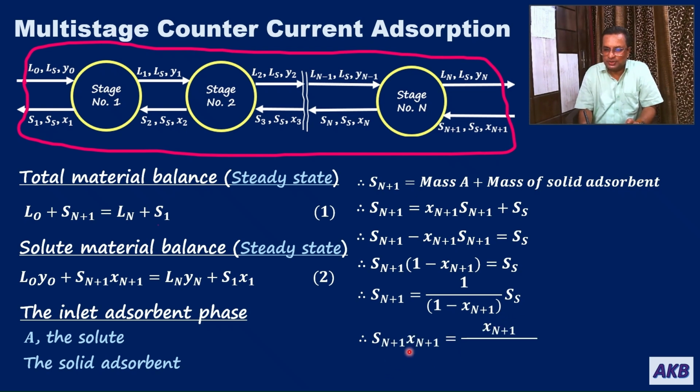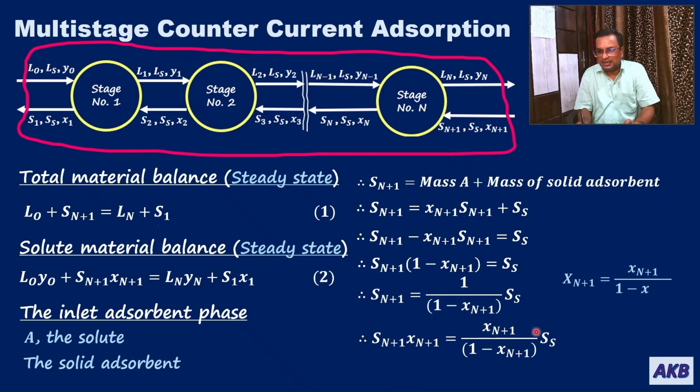That is, if I multiply with Xn plus 1 on both the sides, it will be Sn plus 1 into Xn plus 1 is equal to Xn plus 1 divided by 1 minus Xn plus 1 into Ss. In the next step, I can introduce capital Xn plus 1, which is small xn plus 1 divided by 1 minus small xn plus 1.